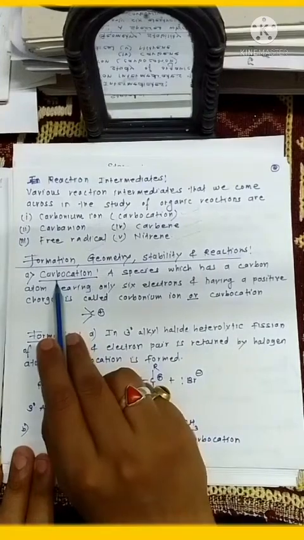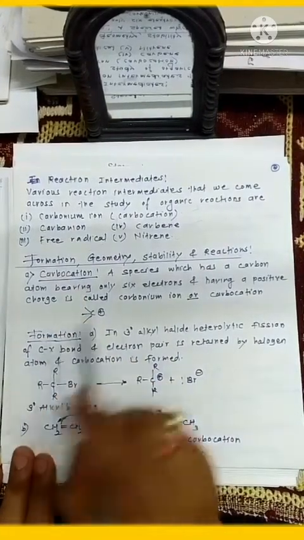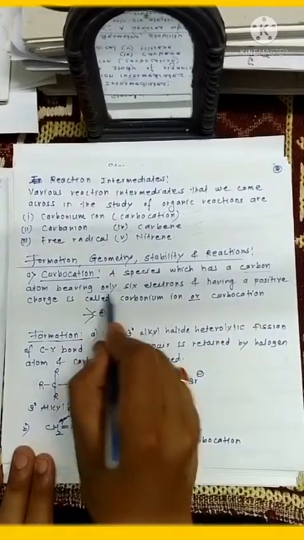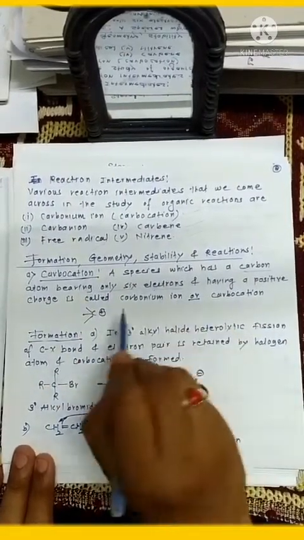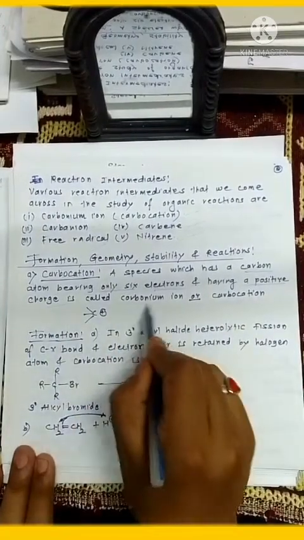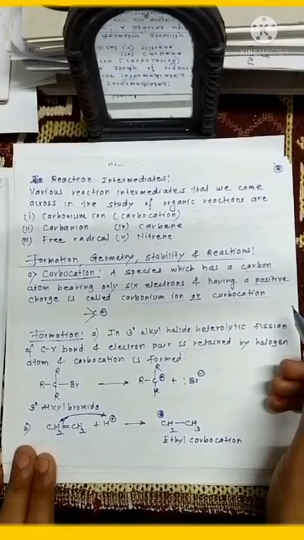The first reaction intermediate which we discuss is carbocation. A species which has a carbon atom bearing only 6 electrons and a positive charge is called carbonium ion or carbocation. Now, how is carbocation formed?